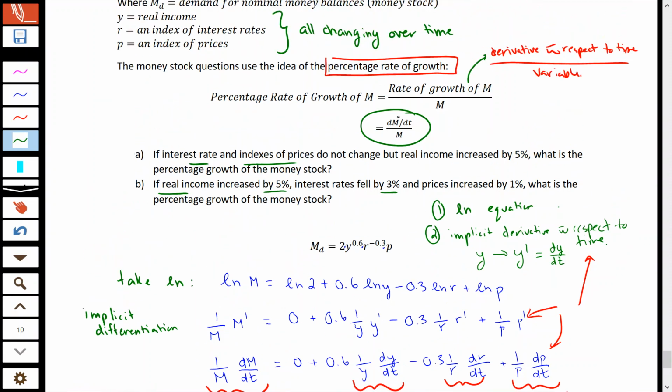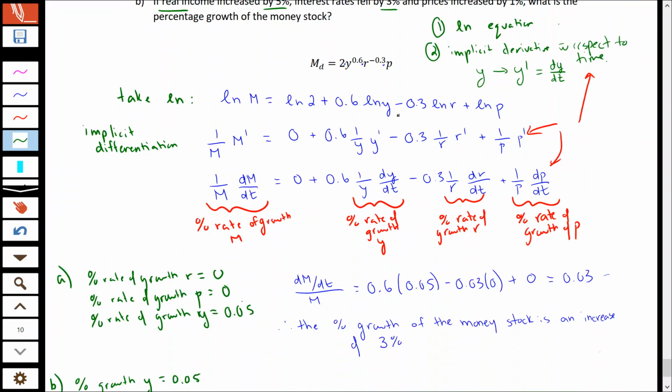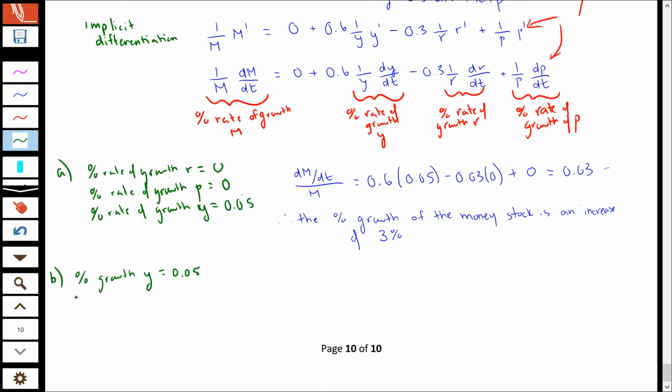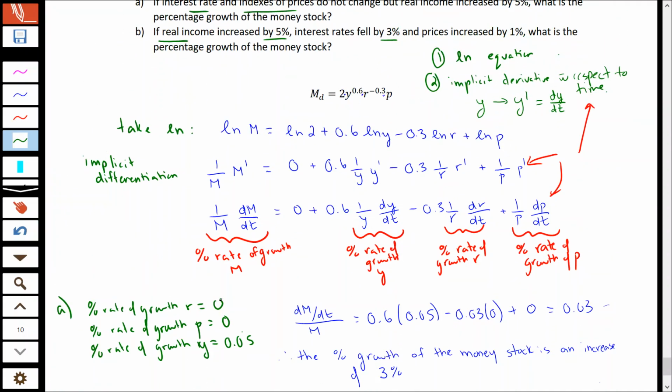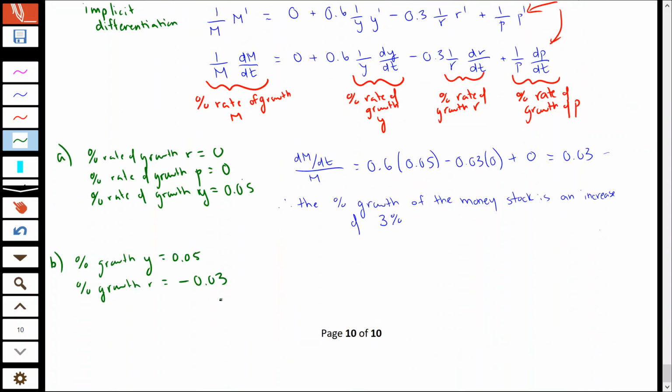So interest rate is R, and they went down 3%, so that percent growth of R is negative 3%. And prices increased by 1%. So that percent growth of P is 1%.